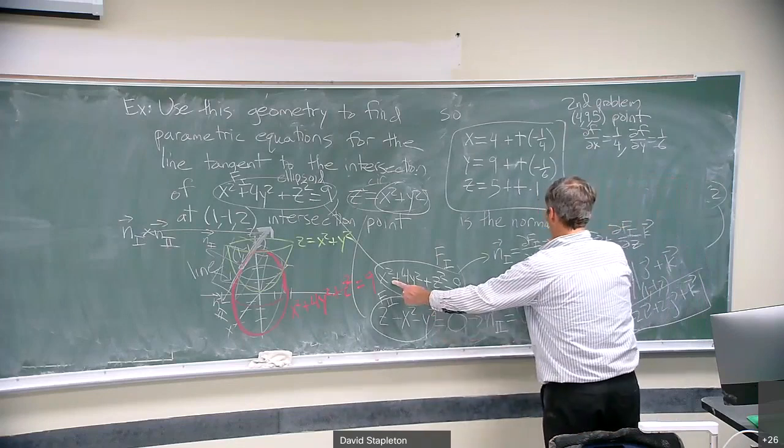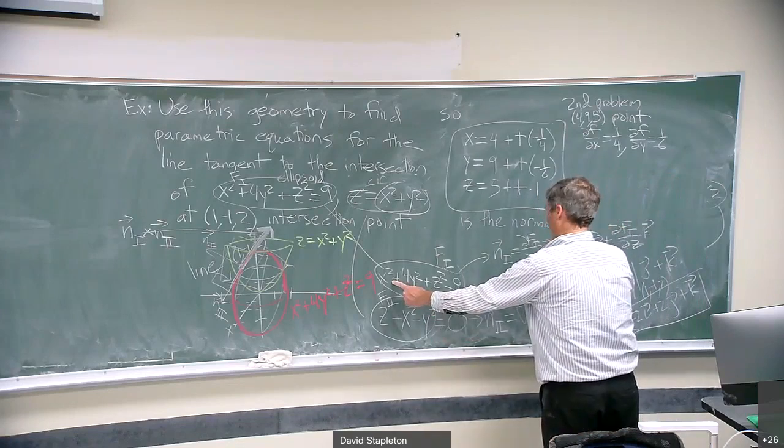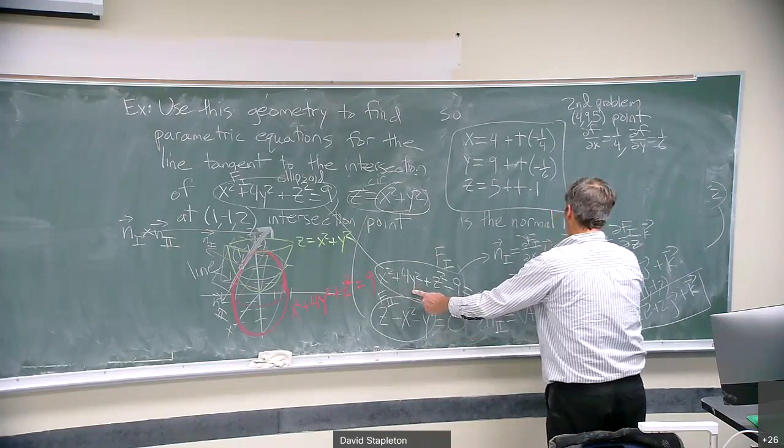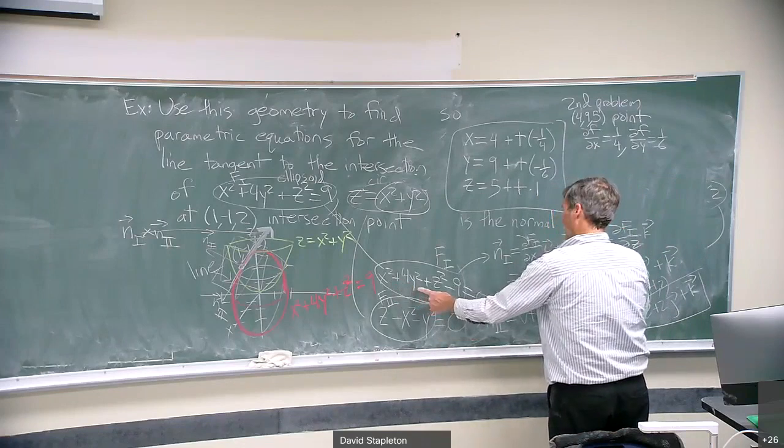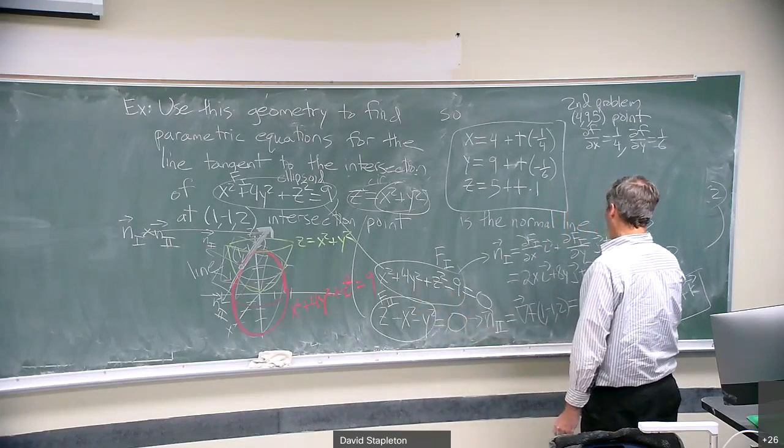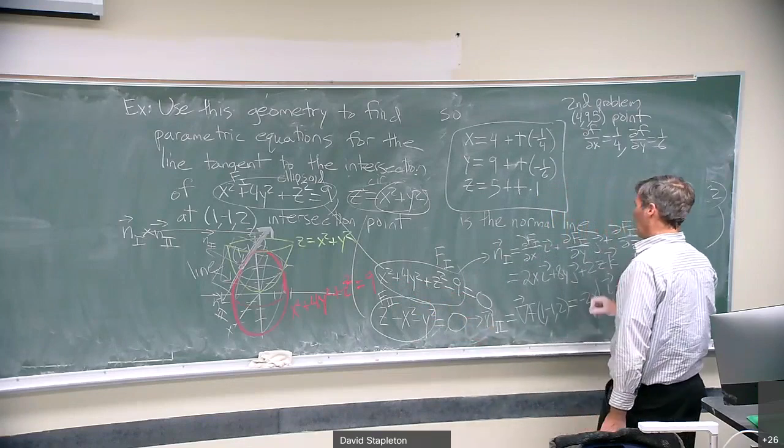Looks like 2x i plus 8y j plus 2z k, and then I need it at the point.